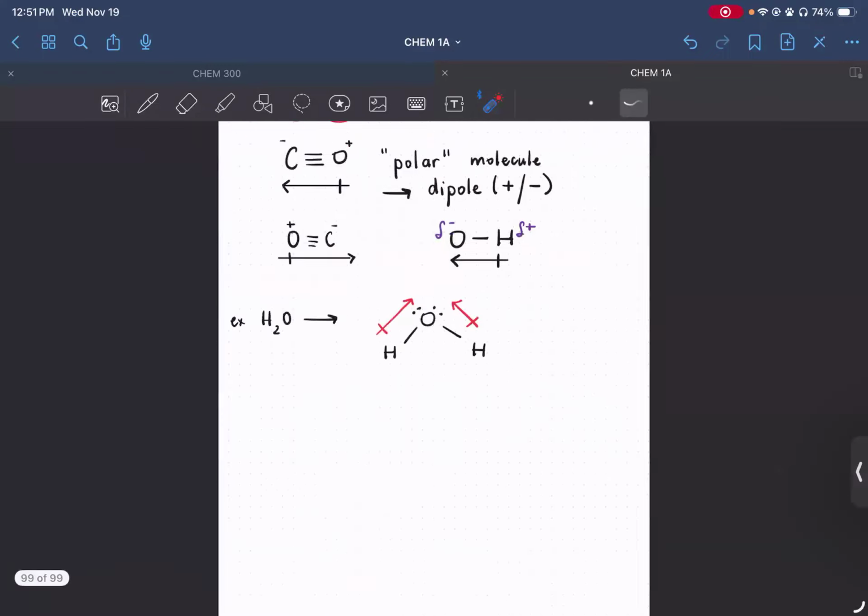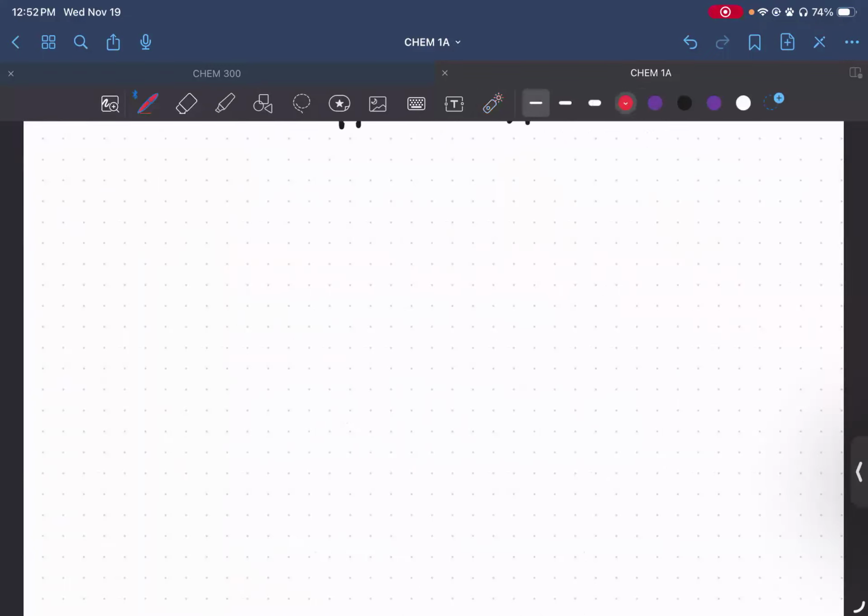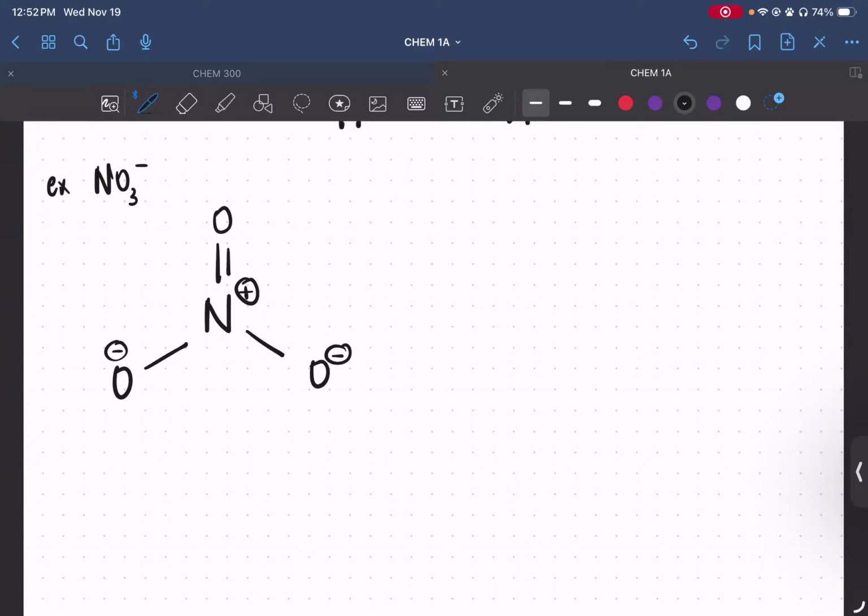So let's take another example. Let's do NO3 minus. We're not going to analyze it in terms of which one has more electrons. We're just going to look at the Lewis structure and VSEPR. The VSEPR is as follows. This is just the VSEPR drawing.